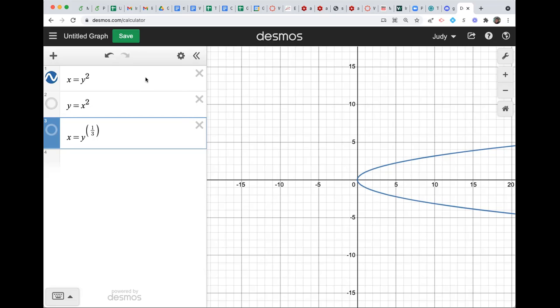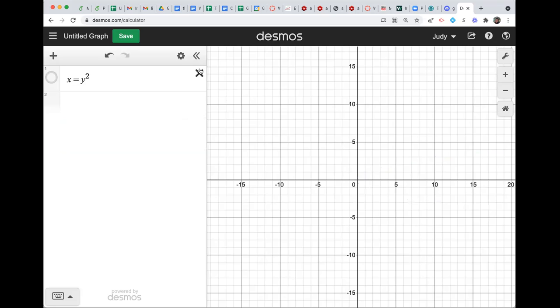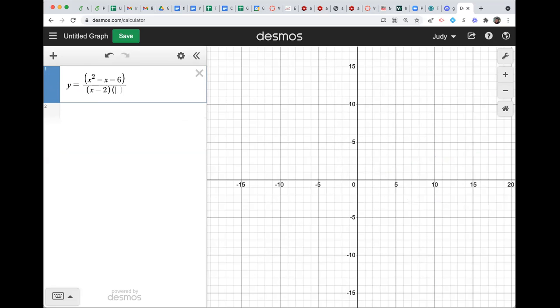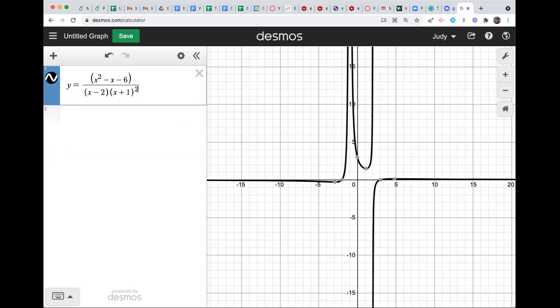When we talk about asymptotes, let me get rid of this picture. Let's go back to y equals (x squared minus x minus 6) divided by (x minus 2) times (x plus 1) squared. Okay, so great question.